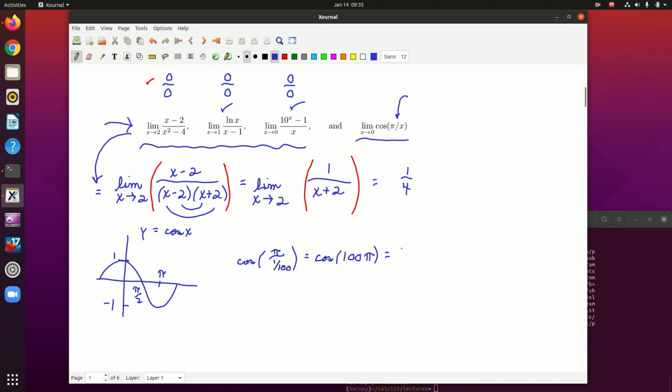That ends up being 1. And if you put in a different number that's really close to 0, let's go with 1 over 1001, that's cosine of, remember, invert and multiply, so we get 1001 pi.